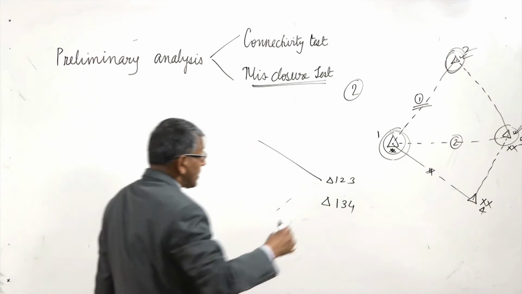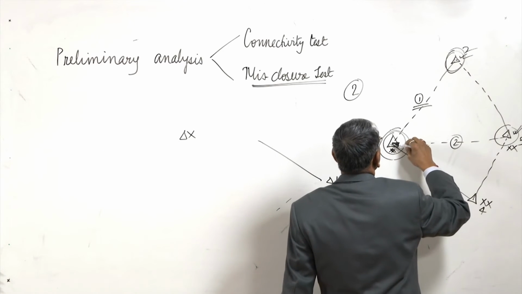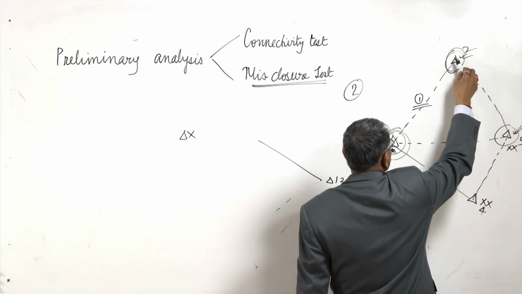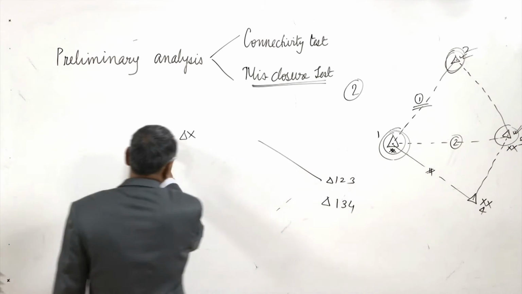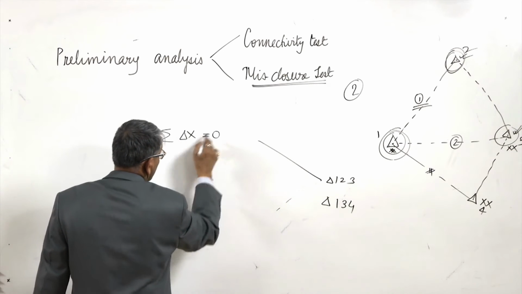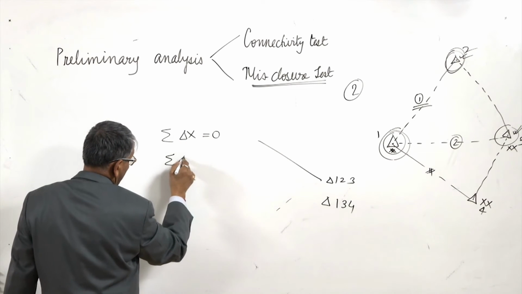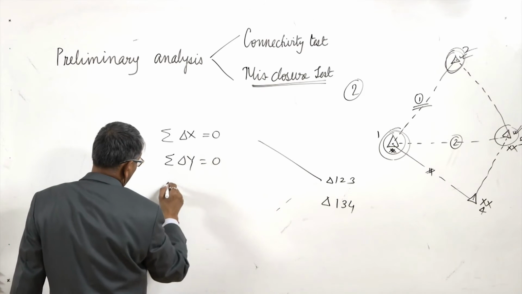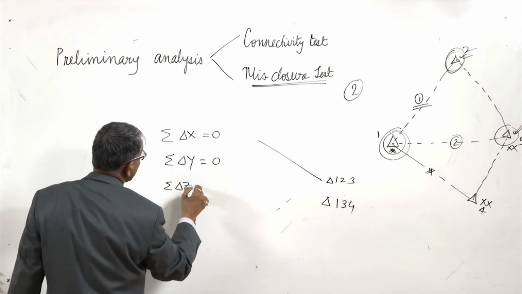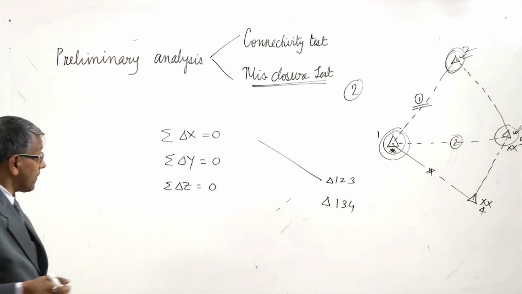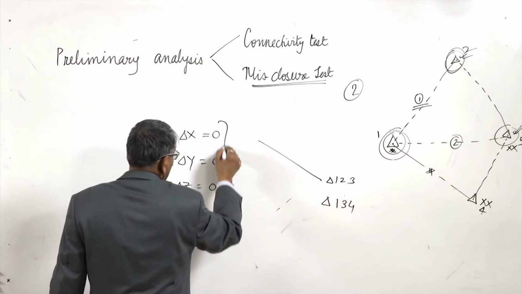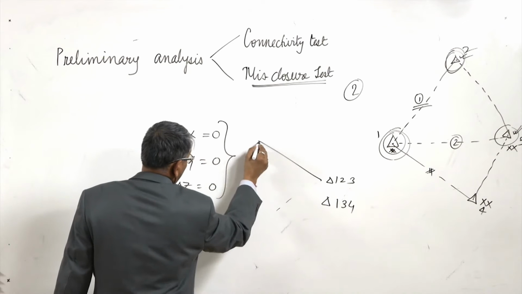The change in x coordinate from this point to this point, from this point to this point, and from this point to this point, the summation of that should be equal to 0. Summation of y equal to 0 and summation of change in z coordinate should be 0 in the ideal situation.